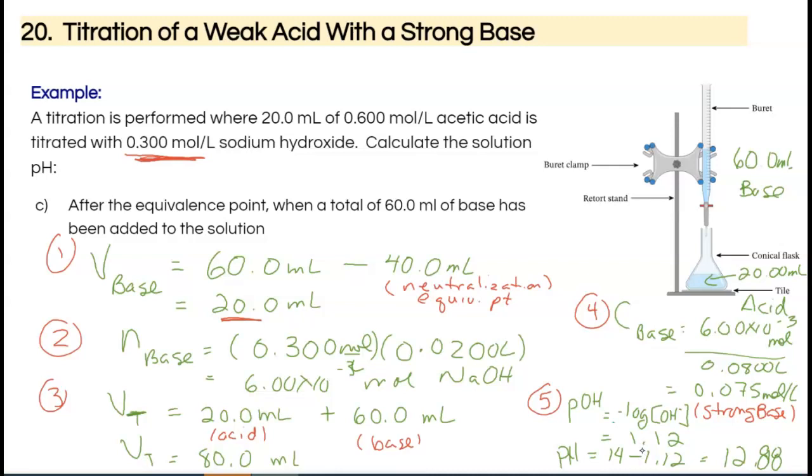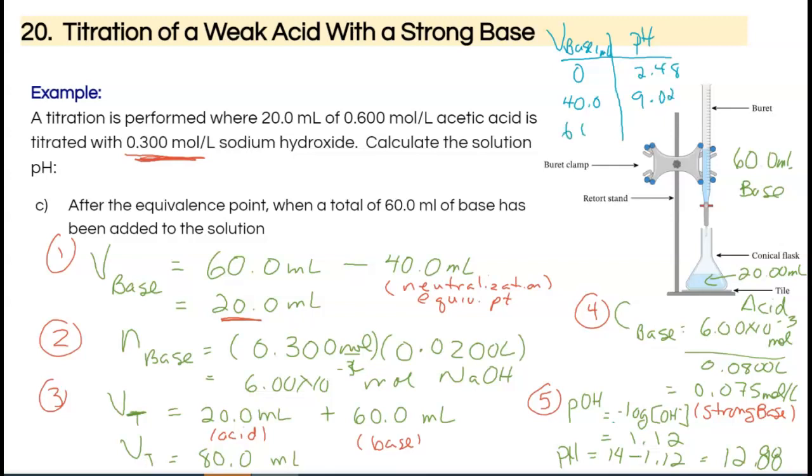Now if we really look at things, we've got our table of values with 3 distinct points. We've got our volume of base that we've added and our pH. We had 0 milliliters, and that was a pH of 2.448. At the equivalence point, we had 40 mils added, and that gave us a pH of 9.02.